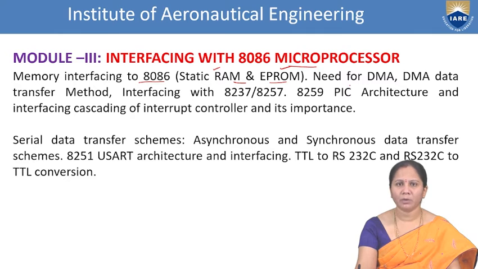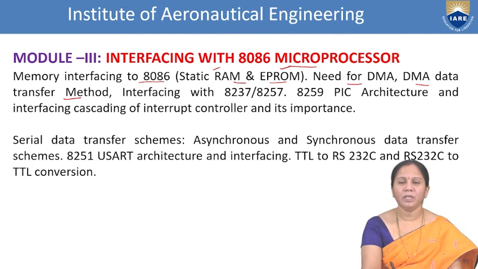Next we have seen the DMA controller. First we have seen the need for the DMA controller. After that we have seen how DMA data transfer is done between the I/O devices and memory, and how to interface this DMA controller to the 8086 microprocessor.